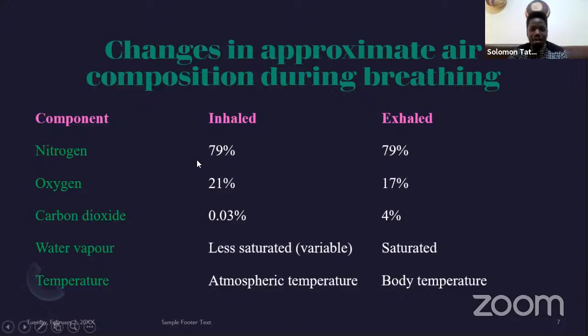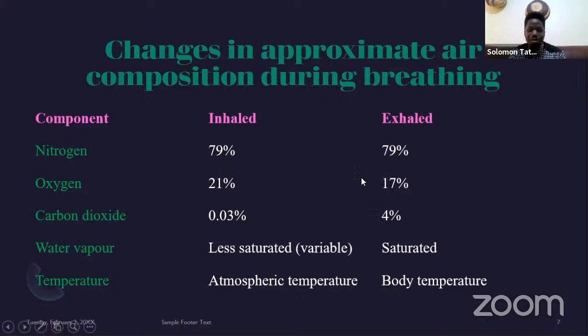Another component that we should look at is the changes in the approximate air composition during breathing. Nitrogen, we inhale about 79%, which is always in the atmosphere, and then we exhale about 79%. Oxygen, we inhale 21%, which is the percentage in the atmosphere, and then we exhale about 17%.